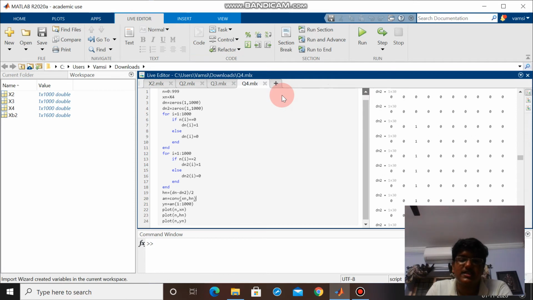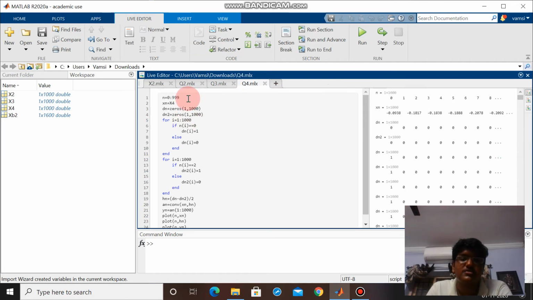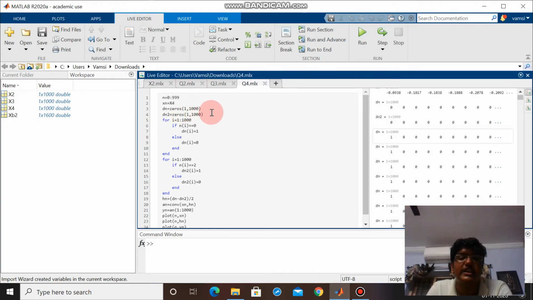Again, it is exactly similar to question number 3, but the only difference is that the system input-output relation is different. So n is equal to 0 to 999, again xn equals x4, again dn and dn2 this time. In this system we will need delta of n and delta of n minus 2, and again we will store the values of those signals using these for loops, and then hn will be the following relation, dn minus dn2 by 2, and again similarly an will be the convolution, and again it will contain more elements.